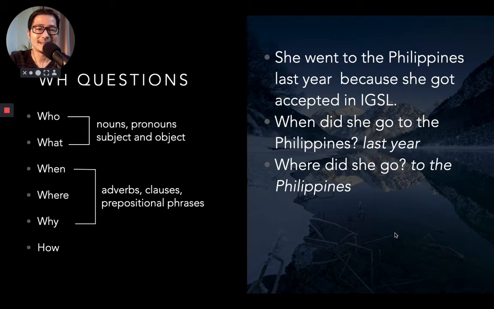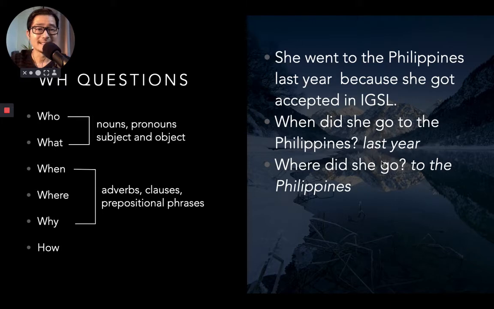Okay, so did you get that? I hope you did. All right, let's go to why. Now, why is pretty obvious, right? What part of the sentence would be answerable by why? That's right, because then you have to complete the whole thing. Because she got accepted in IGSL. So what would be our question? Now the same grammatical pattern.